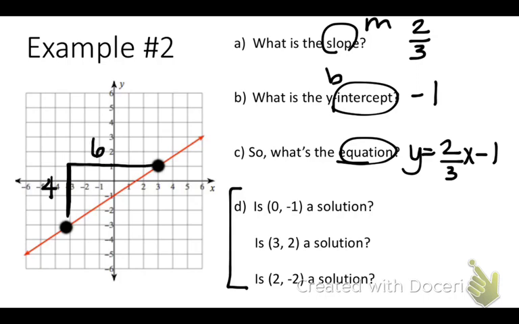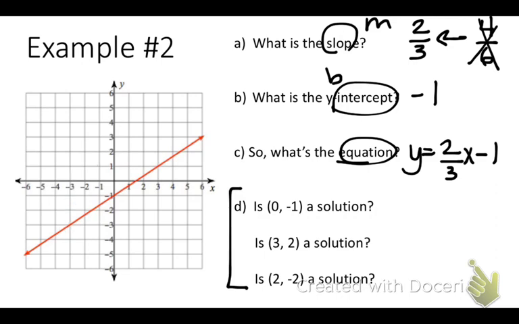So maybe they would have thought that the slope was 4/6. Now again, technically that answer is correct, but you need to give me the answer in simplest form. So that's actually a fraction that turns into 2/3. Anytime you get a fraction that can be reduced, you are going to be required to do so.